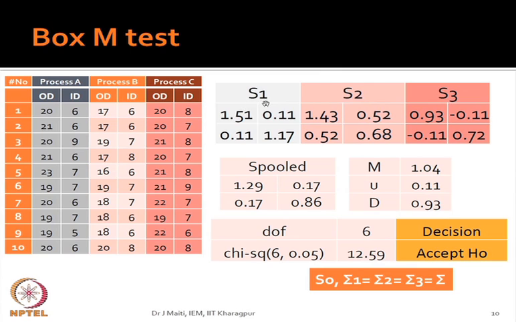Are you not comfortable now to compute the covariance matrix for a given data set? For process A, the covariance matrix is S1, for process B it is S2, for process C it is S3. Can you recall the covariance matrix formula?